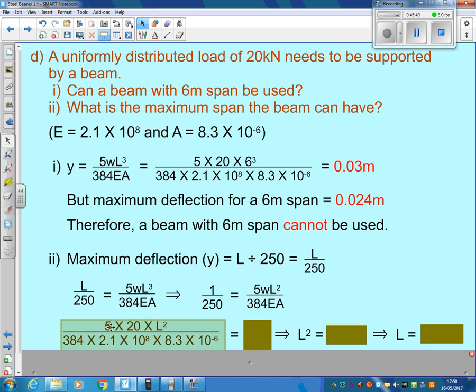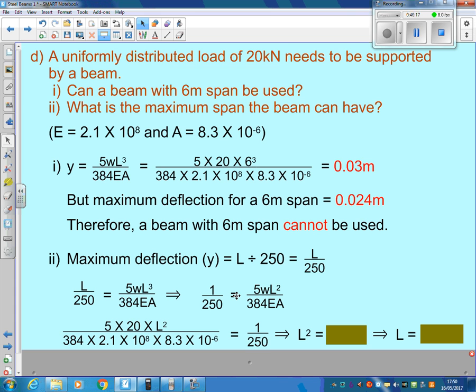So 5 times 20, that's the load, times L squared, which we don't know, over 384 times Young's modulus times the area moment of inertia, and that has got to equal 1 over 250. So all I've done is fill in everything here: 5, 20, L squared, 384, there's our E, there's our A, equals 1 over 250.